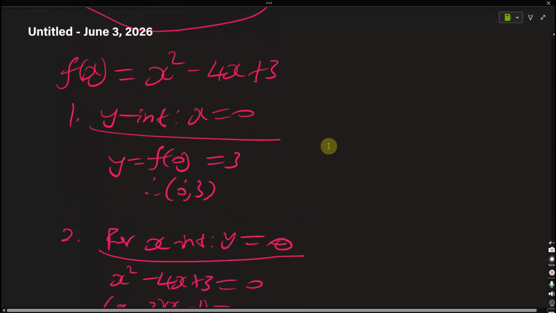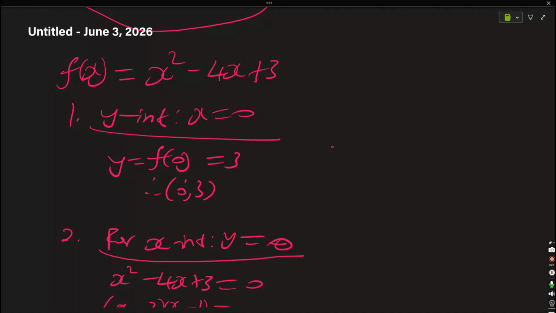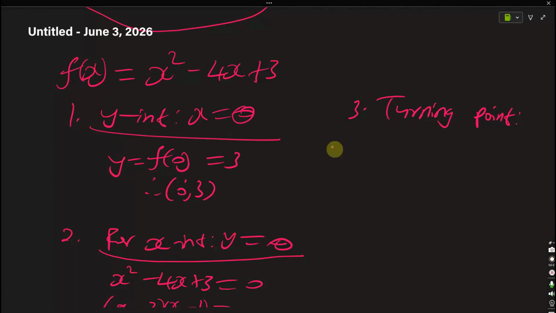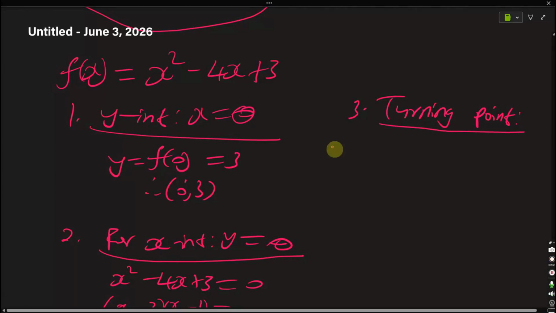We know that. And now let's find the coordinates of the turning point. So let's just say turning point here, right? In fact, my YouTube channel name was born out of this. So TP, turning point. So let's continue.